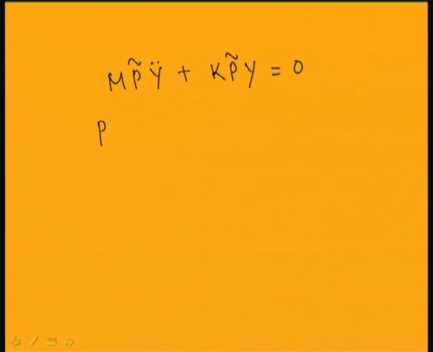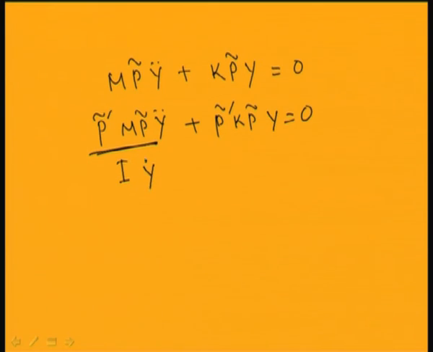Now pre multiplying this by P transpose, we get P transpose M P y double dot plus P transpose K P y equal to 0. Already you know that P transpose M P is the identity matrix. So I y double dot plus the lambda matrix times y equal to 0.